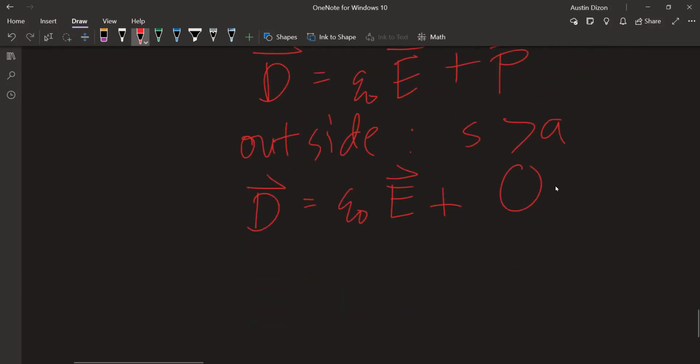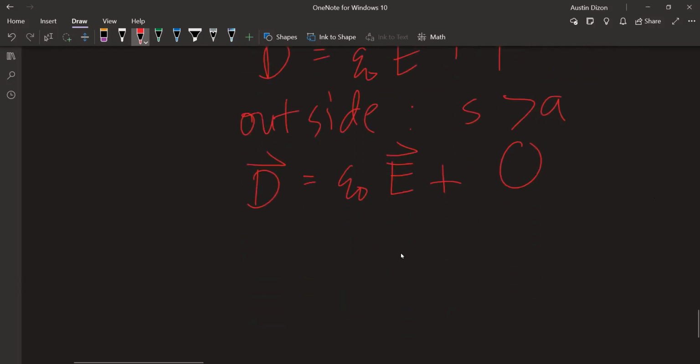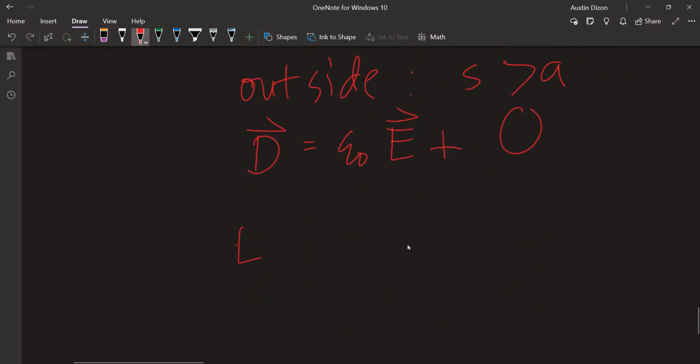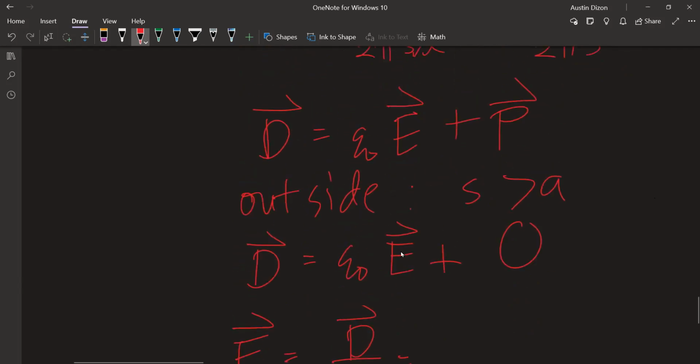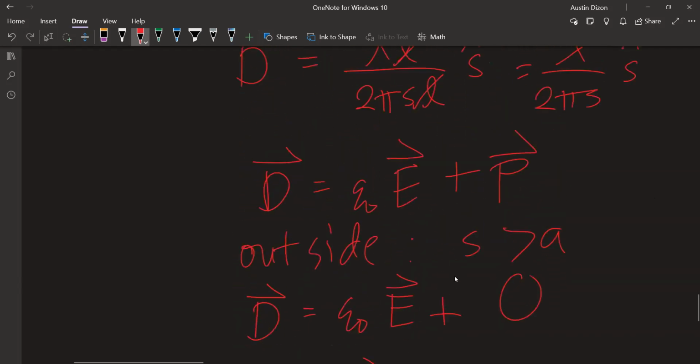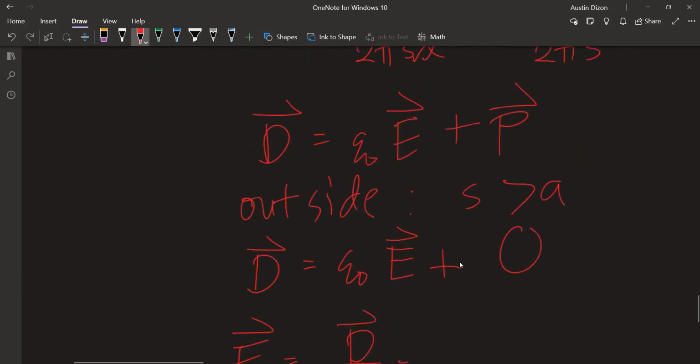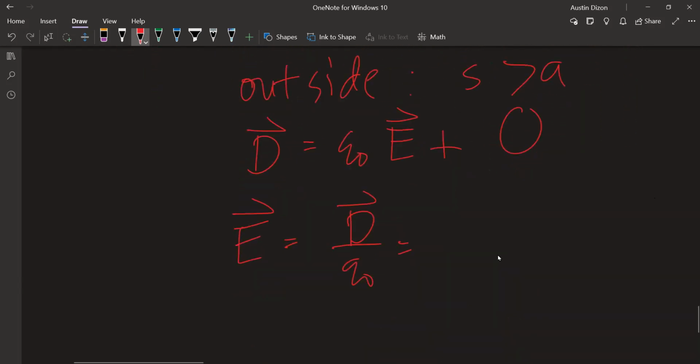Walang mga bound charges, walang polarized charges outside. So then simply have my E as D over epsilon naught. Very easy. And that is lambda over 2 pi S epsilon naught S hat. Dali, di ba?